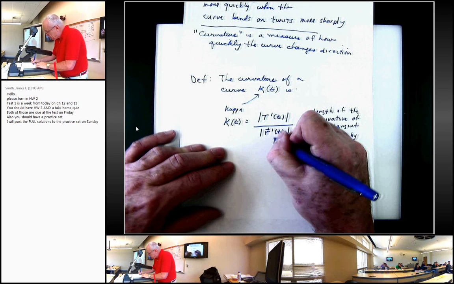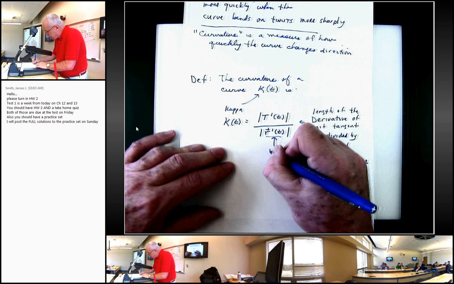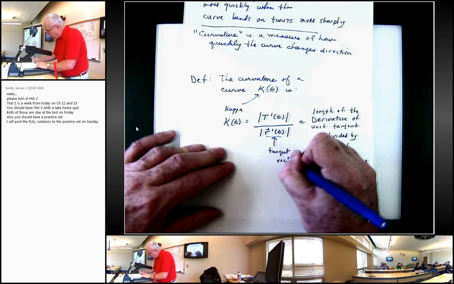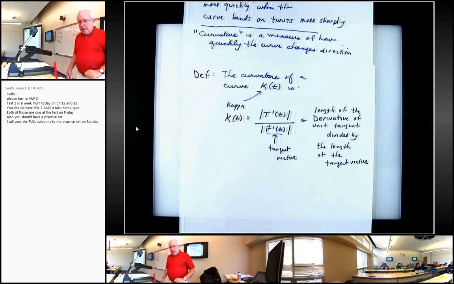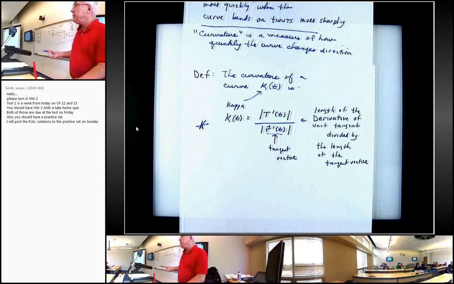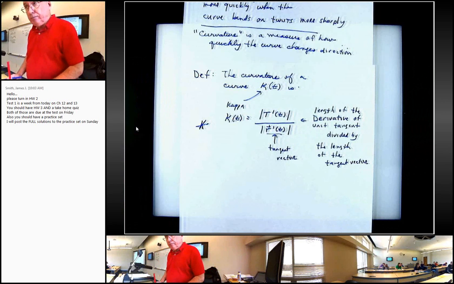Again, this thing right here, this is the tangent vector. All right. Now, again, you need to be able to at least recognize that formula.